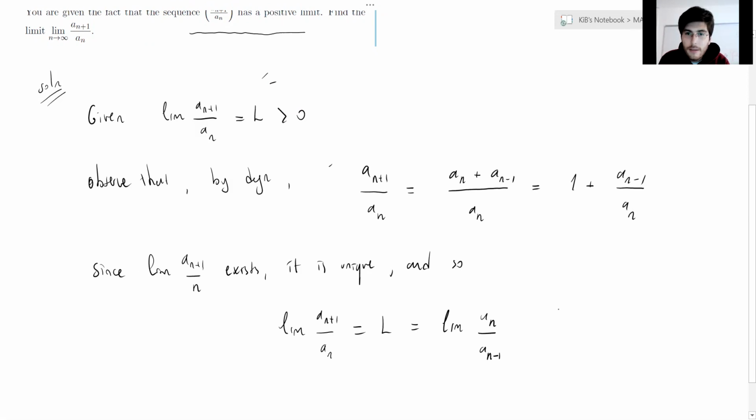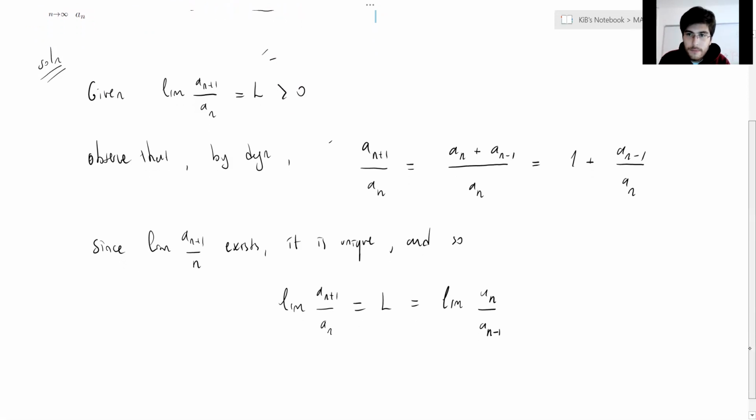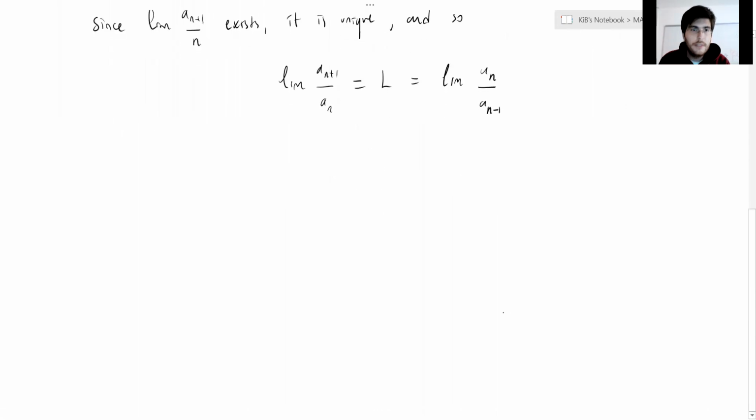So the limit exists, and therefore there is a limit, and so the observation is, of course, this is just 1 over the limit of a_n over a_{n-1}, which is 1 over L, and L is positive, remember.